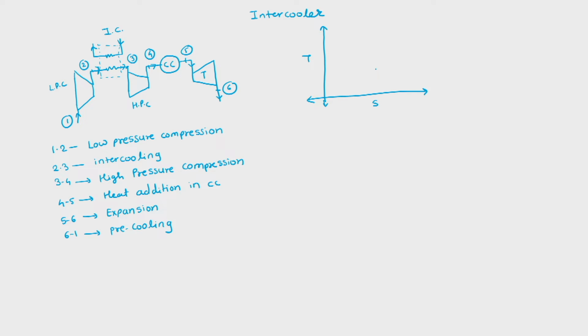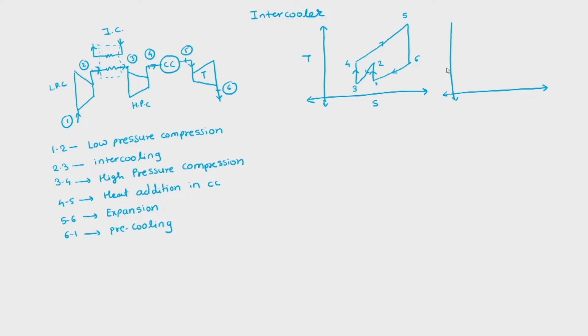So we have 1 to 2 compression process, then 2 to 3 is isobaric heat rejection, then 3 to 4 is again isentropic compression. 4 to 5 is heat addition at isobaric condition. 5 to 6 is expansion in the turbine, and 6 to 1 is the pre-cooling process for closed cycle gas turbine based power plant.